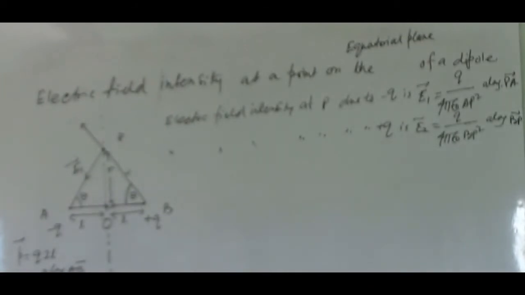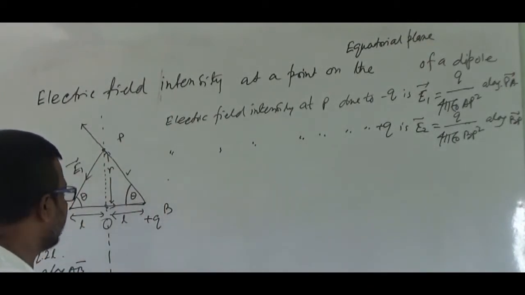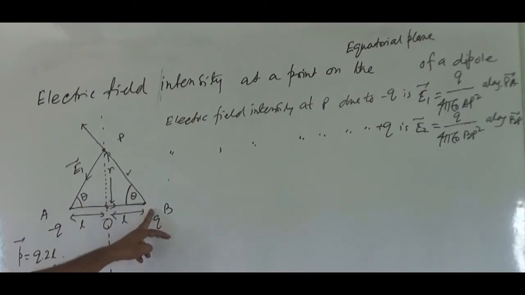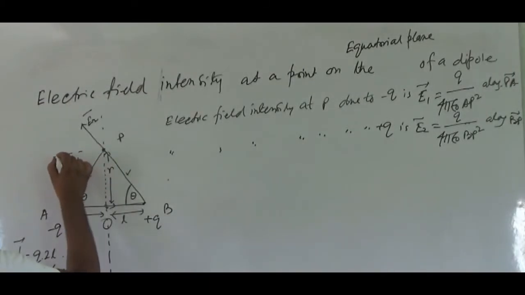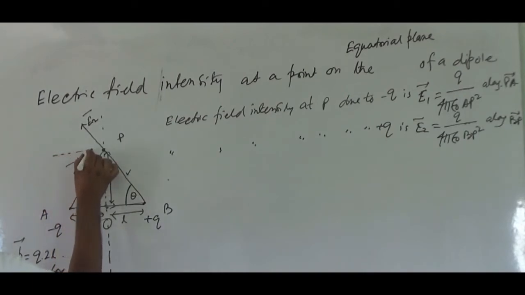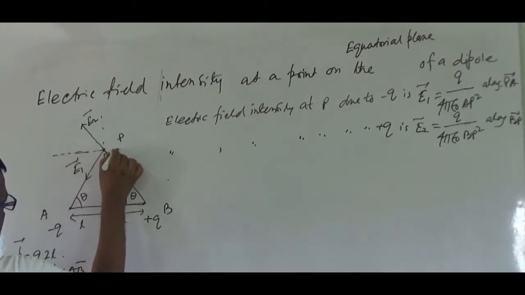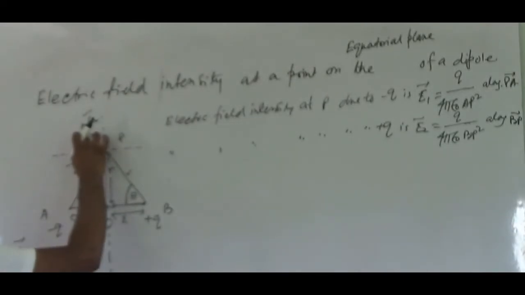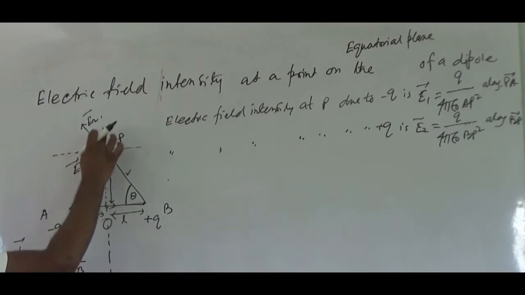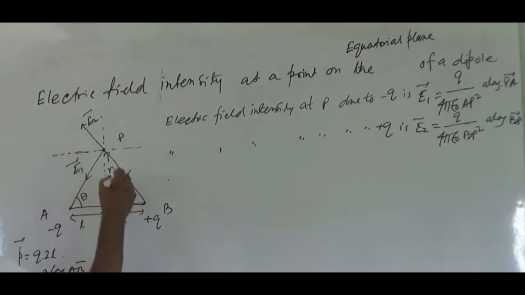Now, the electric field at P due to these two charges will be the vector sum of these two fields. We are going to resolve the vectors along this direction and along this direction. If this angle is theta, then this angle is also theta.